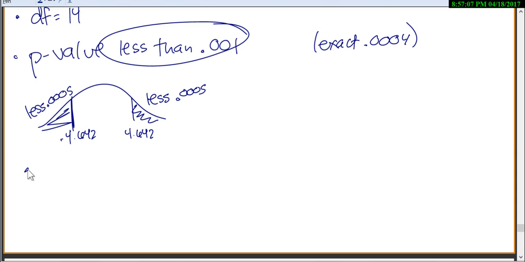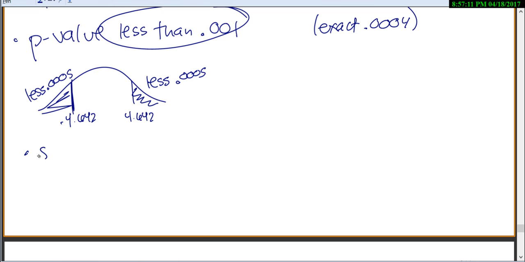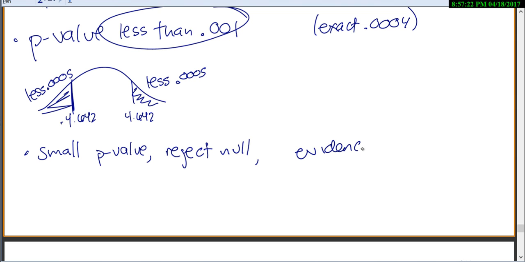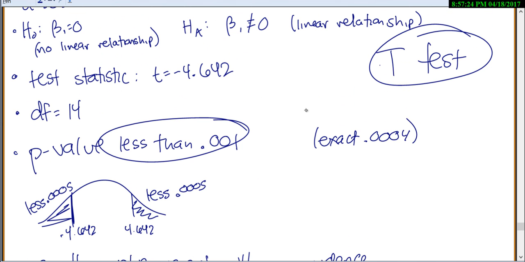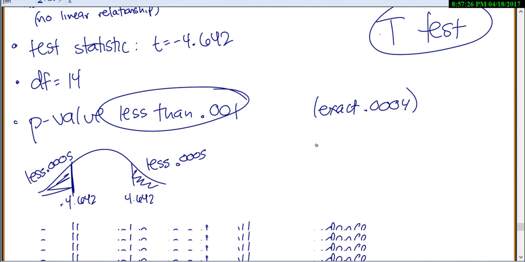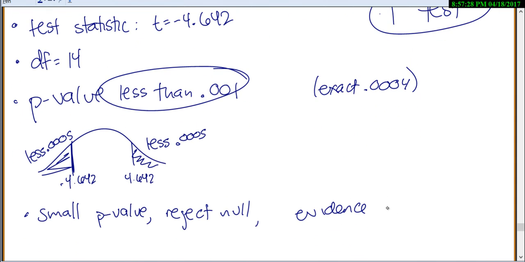But just like every other hypothesis test, we find our p-value, and then we say, oh, that's a small p-value. It's smaller than alpha. And so we'll reject our null, which means then we have evidence for the alternative, which is that the slope is not 0, or evidence of a linear relationship.